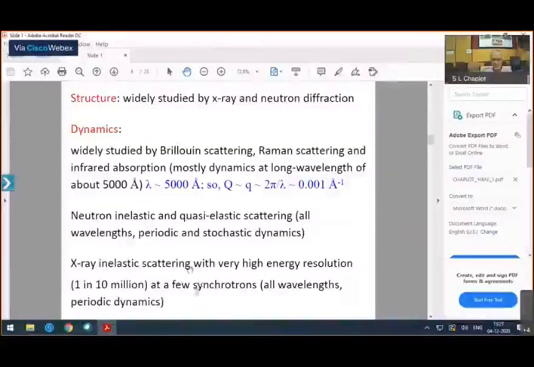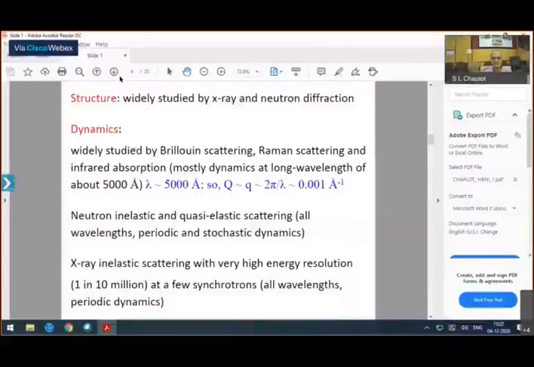However, this has limitations of studying stochastic dynamics because, as we will see, these require even smaller energies quite often, and that may or may not be possible to probe even with excellent resolutions like this.